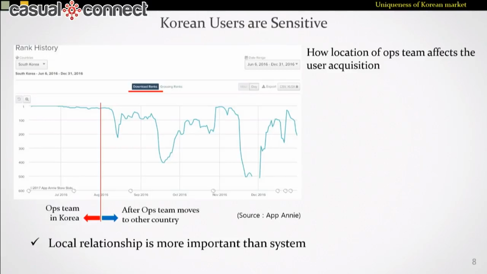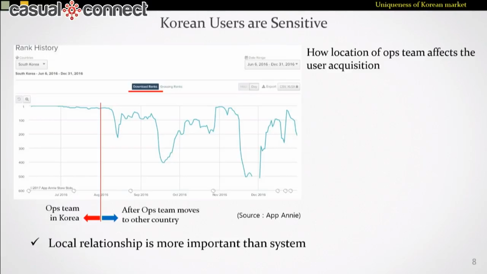But right after they moved the operation team to their country, of course, they hired communicators and moderators. Right after they moved the operation team, the downloads became unstable. The reason is not the marketing budget, because they put in the same budget.